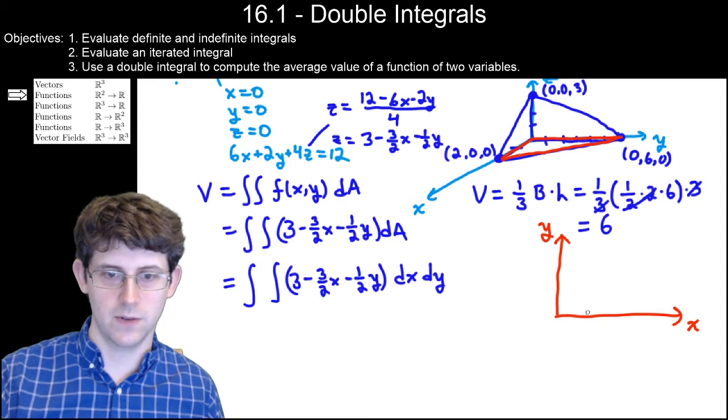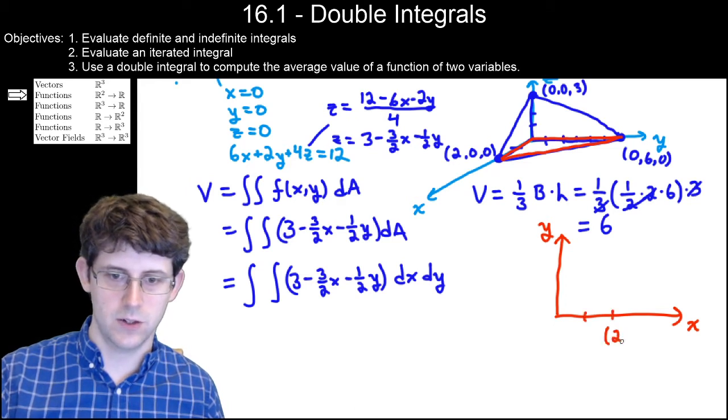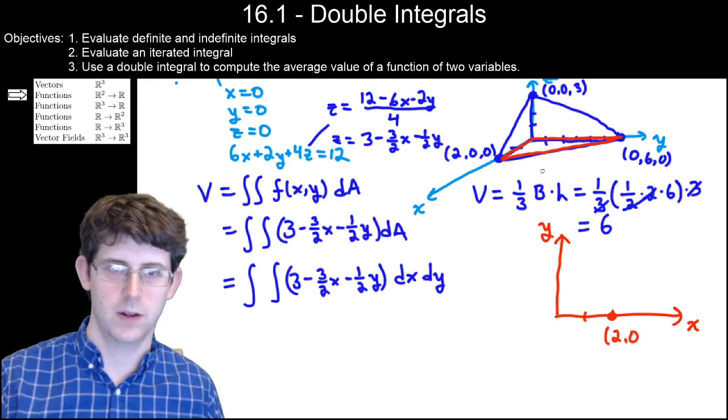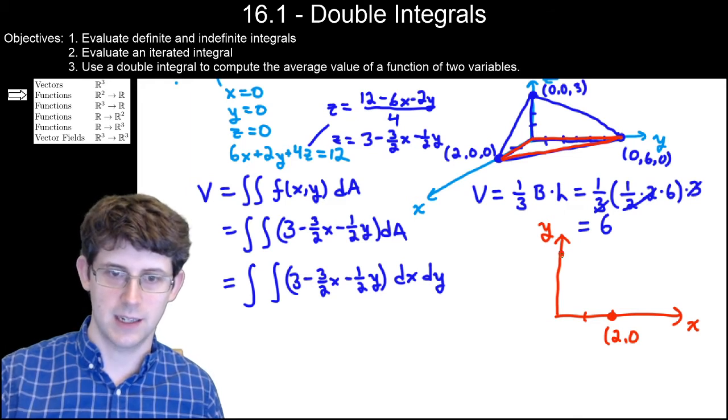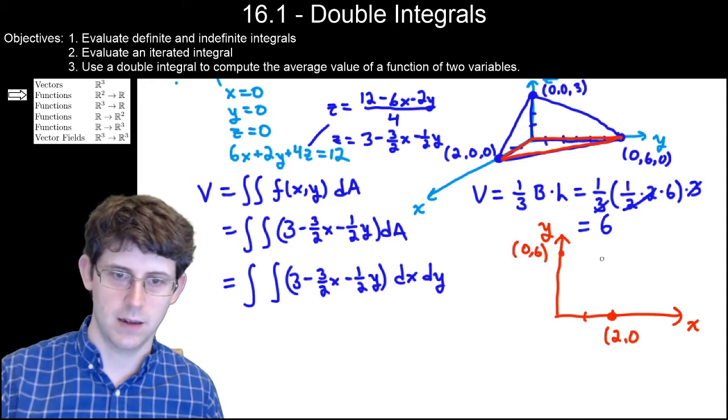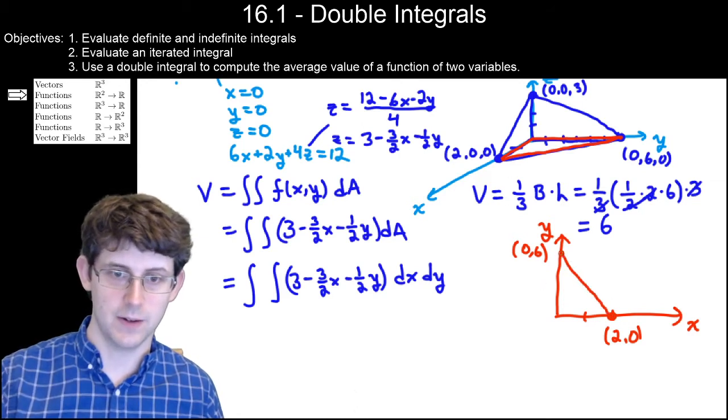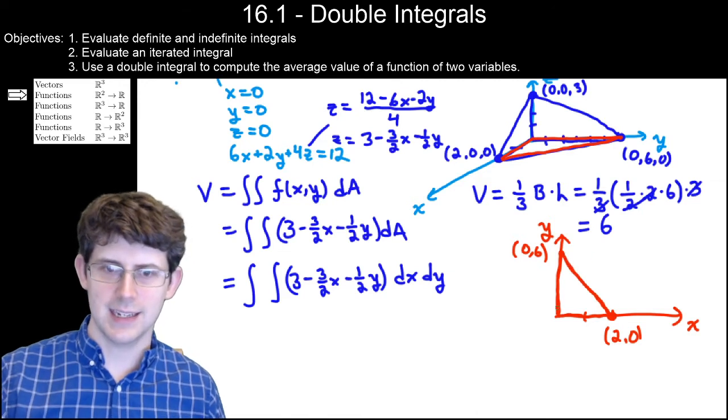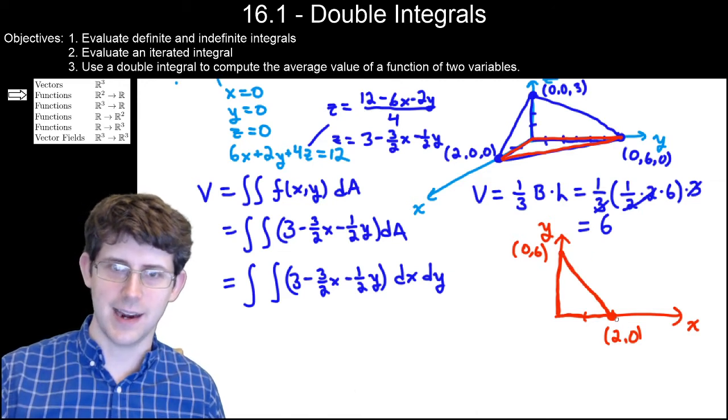It's going to go over to 2, 0 and up to 0, 6. In the xy plane, this triangle is this triangle. And what's going on with this line?